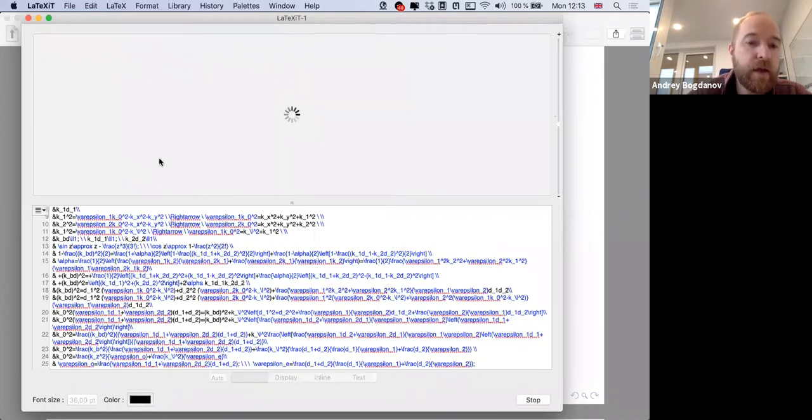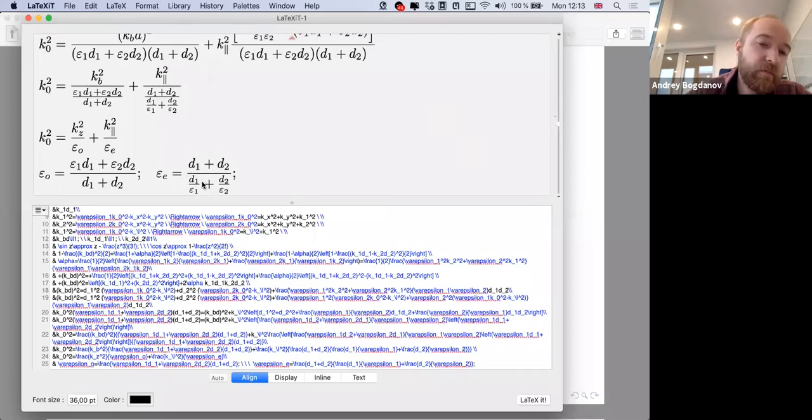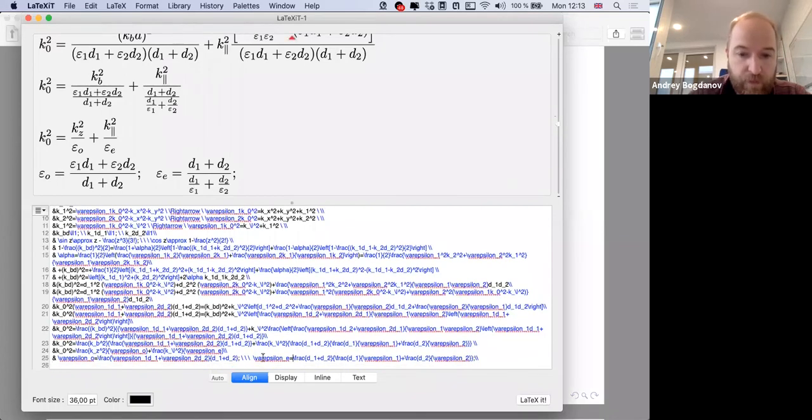For ordinary, it is okay, but actually, it's more beautiful to write the expression for the epsilon extraordinary as follows. Epsilon extraordinary like d1 epsilon 1 and here epsilon 2 d2.